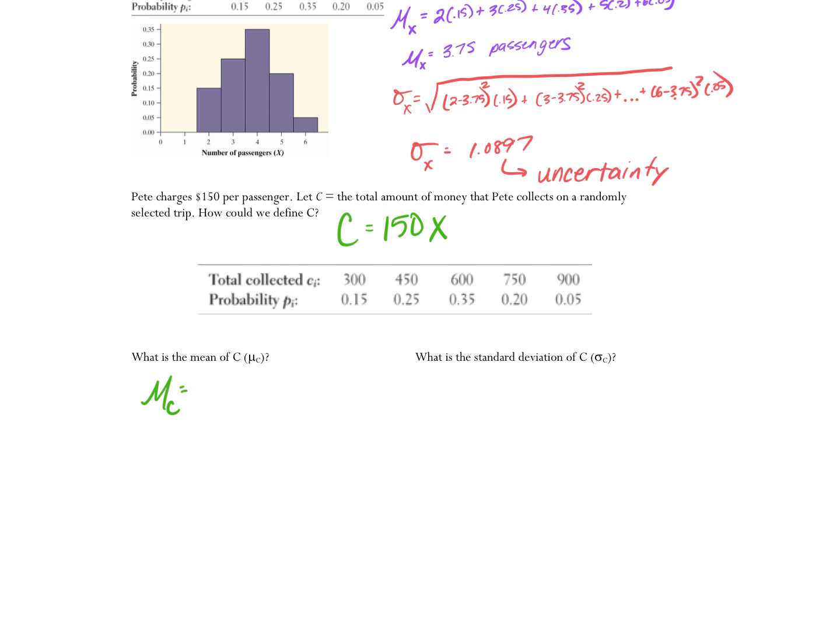What are we getting? 450. Say that again? That 562.5 sounds better.